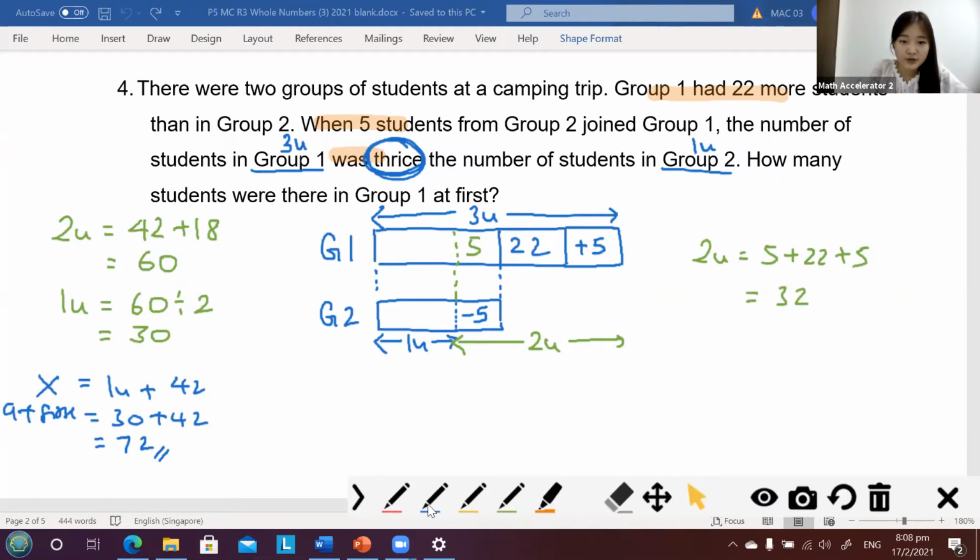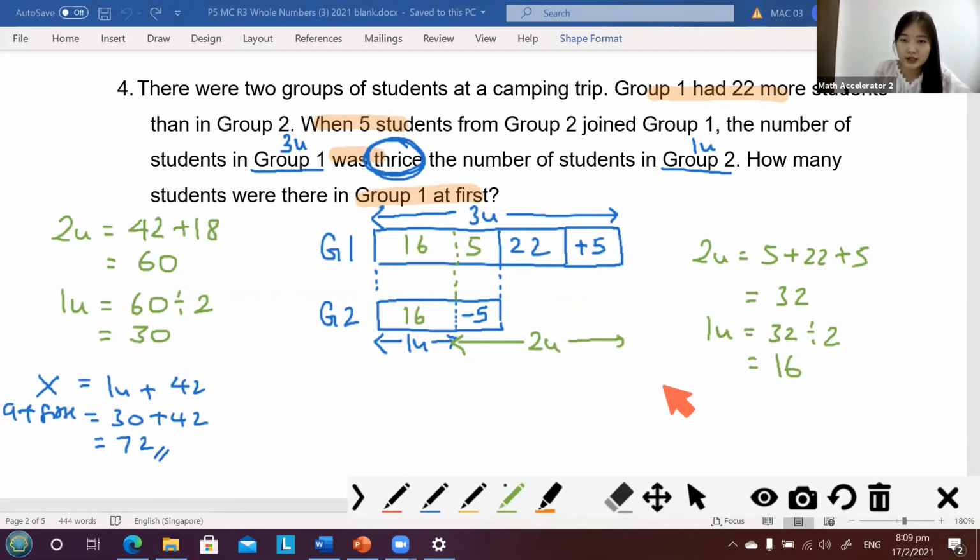So once you have 2 units, you can find 1 unit. 32 divided by 2. That will get you 16, yes. So that's 1 unit. So how many students were there in group 1 at first? So here comes this question again. At first, in group 1, which part of this must you include? So 1 unit is 16, which is this part here.